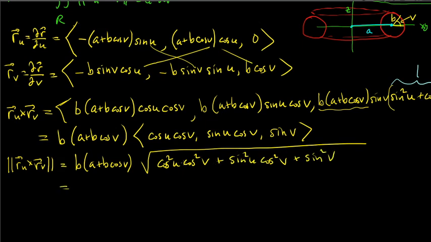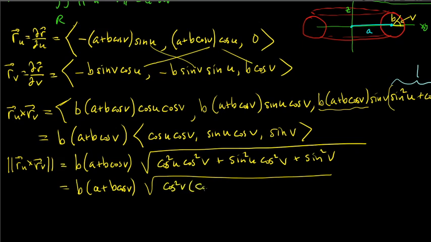And I should save you the trouble that, right, this whole square root is just going to be 1. It's just 1. So all that's left is the b times a plus b cosine of v. I mean, you can work this out, right? You're going to factor out the cosine squared of v, and you get cosine squared u plus sine squared u. So that's 1.